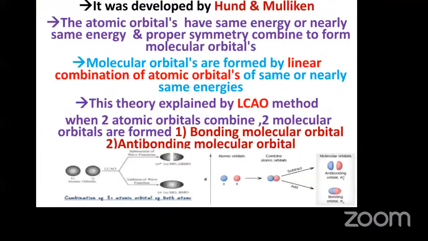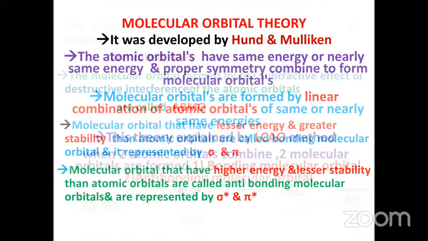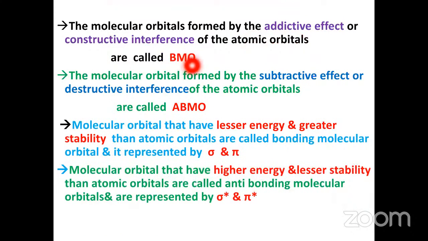What are bonding molecular orbitals? The molecular orbitals formed by the additive effect or constructive interference of atomic orbitals are called bonding molecular orbitals. The molecular orbitals formed by the subtractive effect or destructive interference of atomic orbitals are called anti-bonding molecular orbitals.